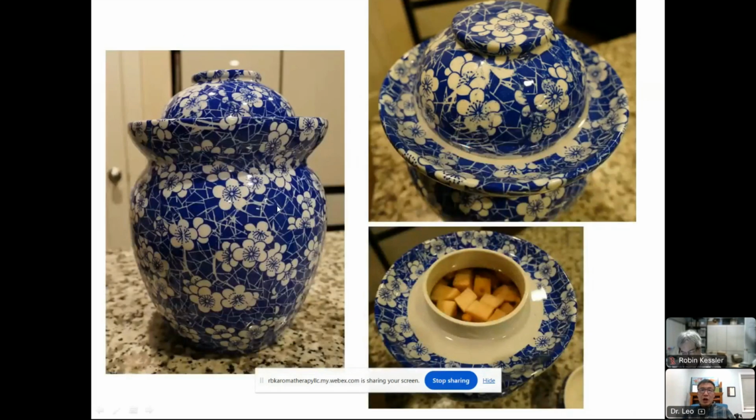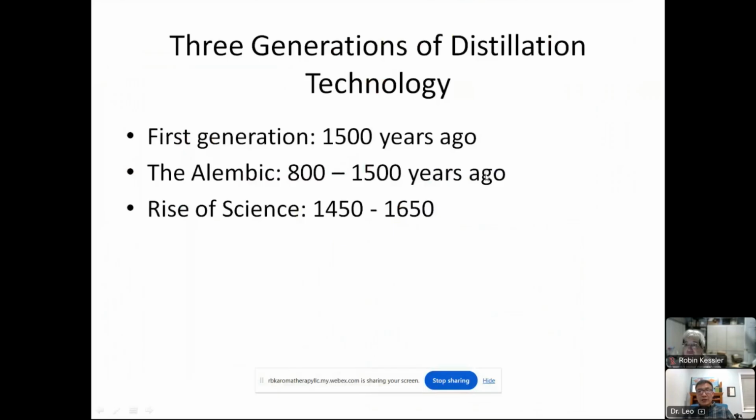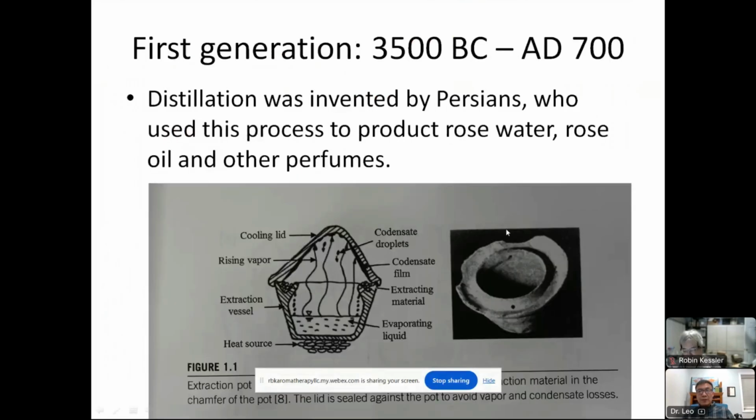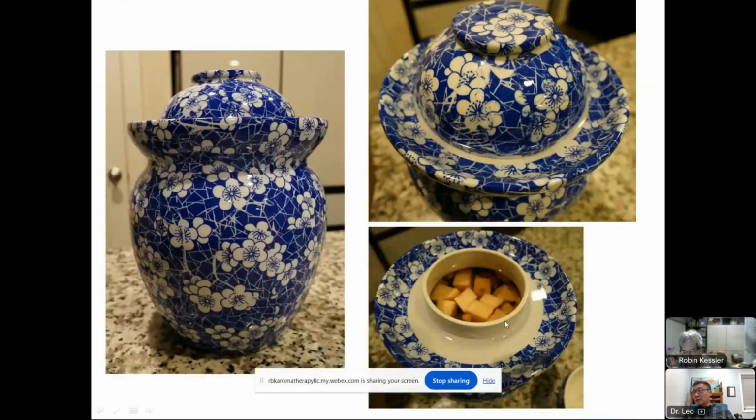This is a jar I have in my room. If you look at the shape, it's almost identical to the one I just showed you here. But we use it to make fermented vegetables, not as a boiler anymore.